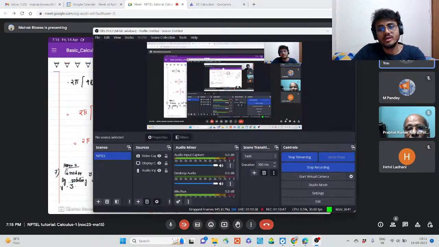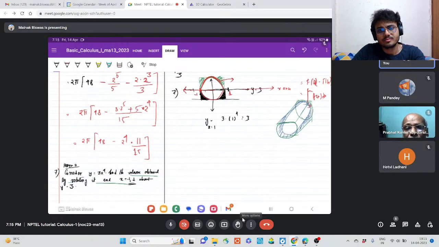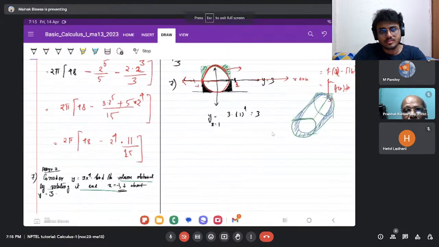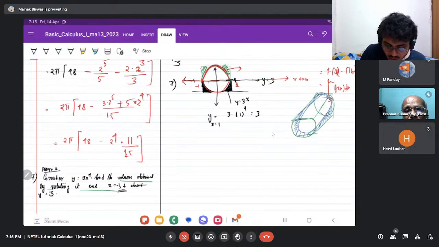I'll give you a moment. So this was your y equal to 3x to the power 4. What would this be if this is the, so I forget about the top curve, look at this curve. What would this be?